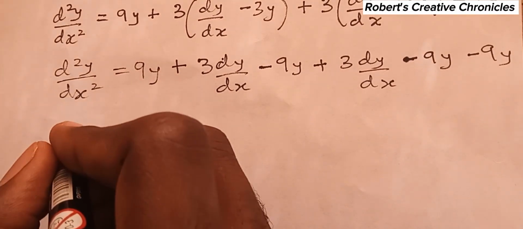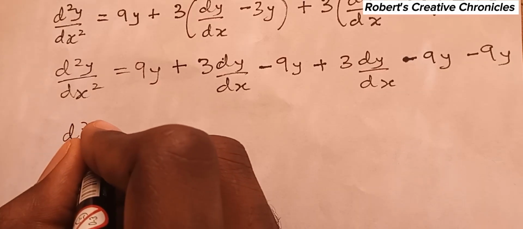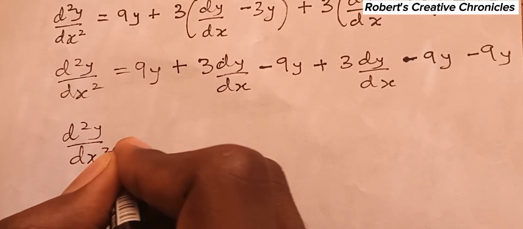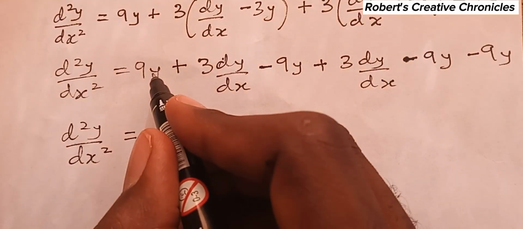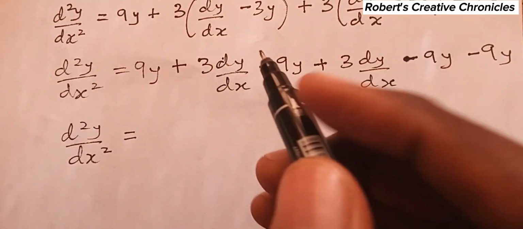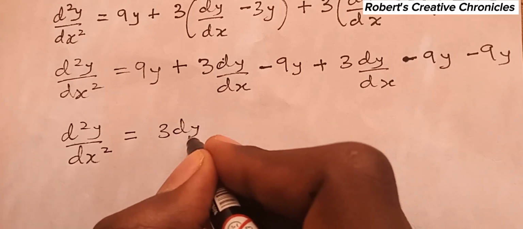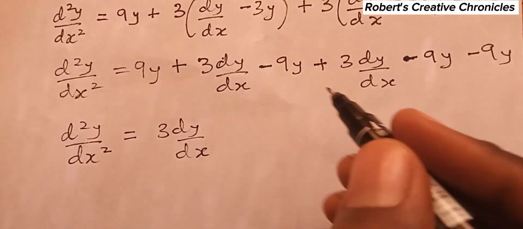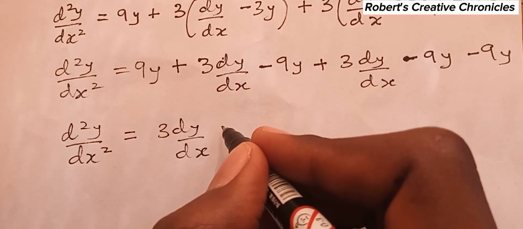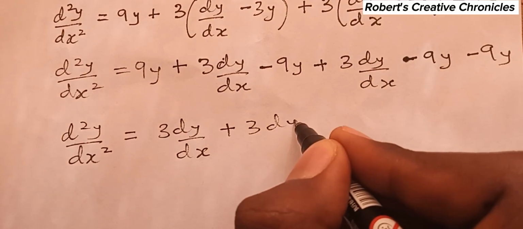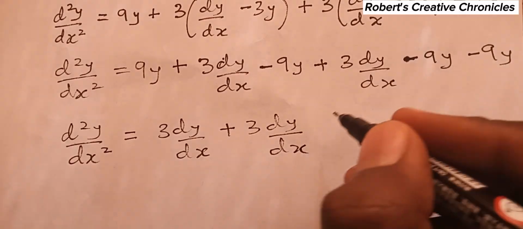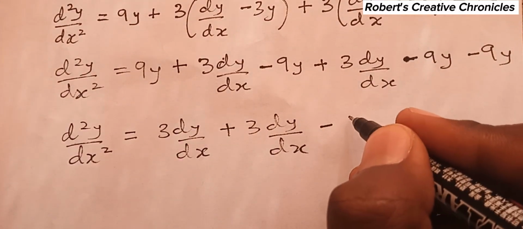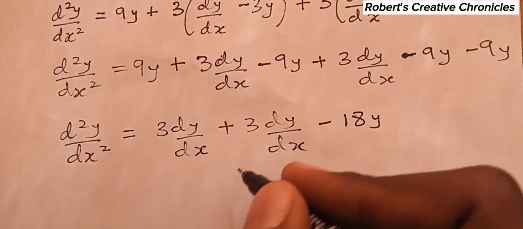So if we collect like terms, d²y/dx² equals 9y minus 9y is 0, so it becomes 3 dy/dx plus 3 dy/dx minus 18y.